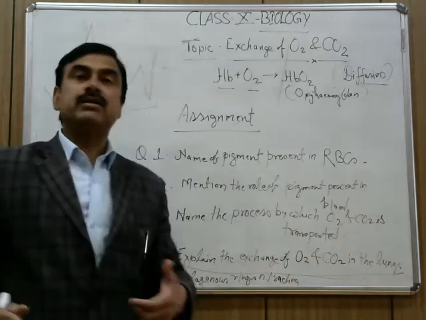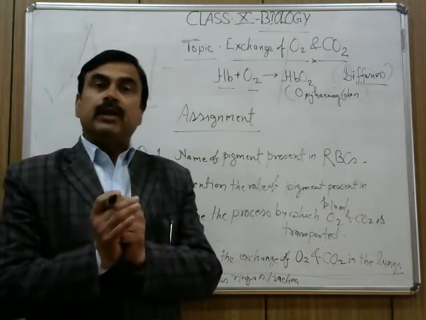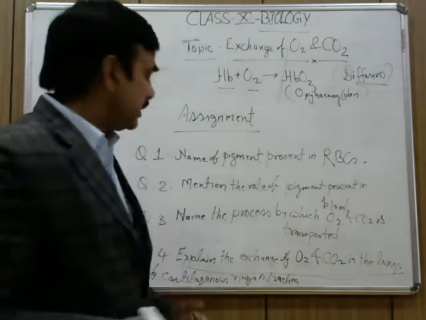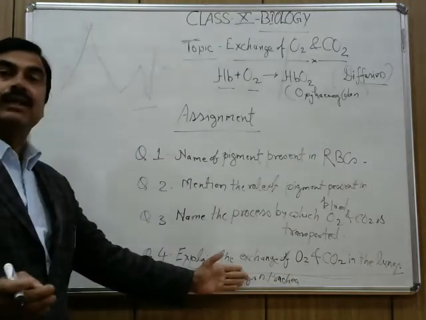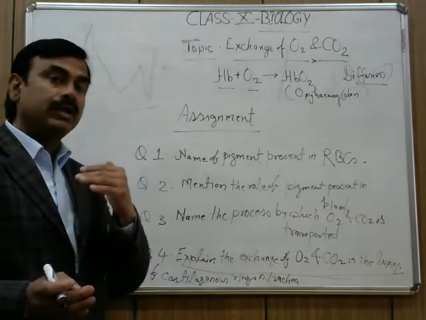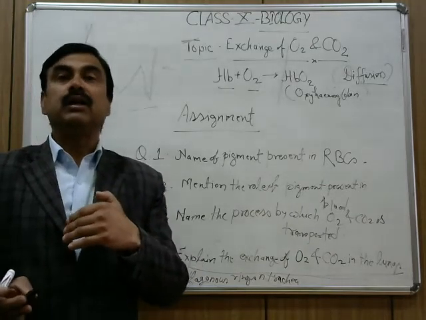Okay? It does not allow the trachea to collapse. Our windpipe doesn't collapse because of the presence of these cartilaginous rings, which cover the entire windpipe, or you can call it the larynx.